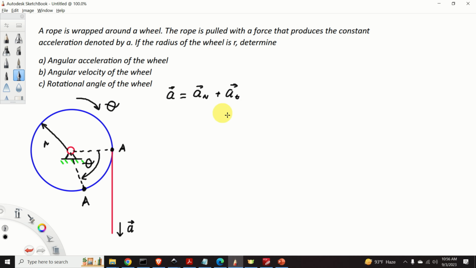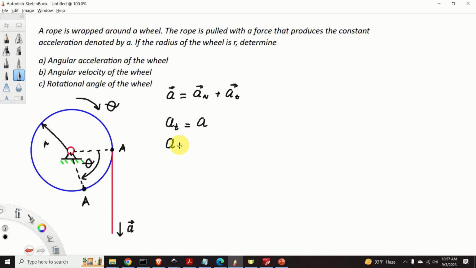For this problem, the most important is the tangential component. From the problem description and the fact that this acceleration is always oriented downwards, we conclude that AT is equal to A. That is, the intensity of the tangential acceleration of this point A is equal to A.